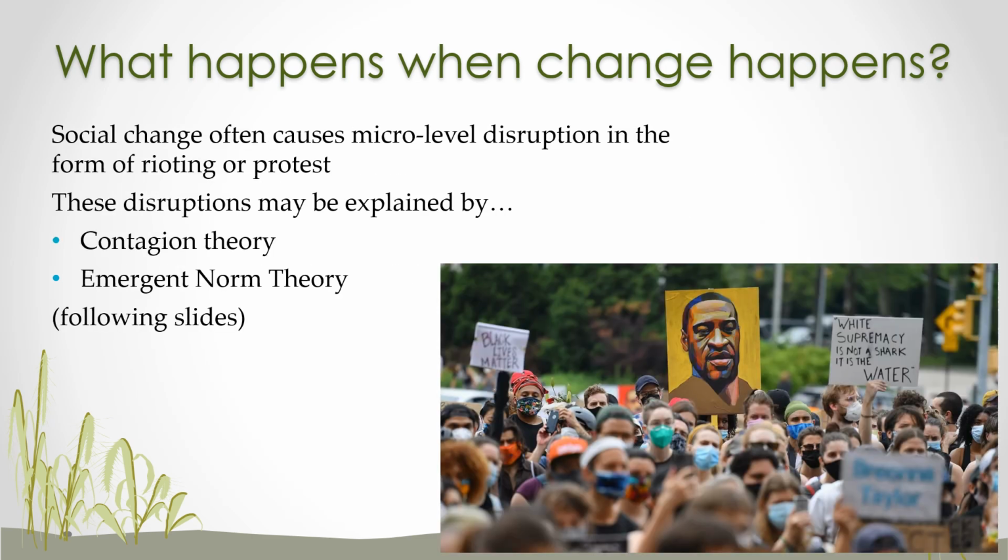Social change often causes micro-level disruption. Often this takes the form of rioting or protest. These disruptions are actually pretty accurately described by two very useful social theories, that of contagion theory and that of emergent norm theory.